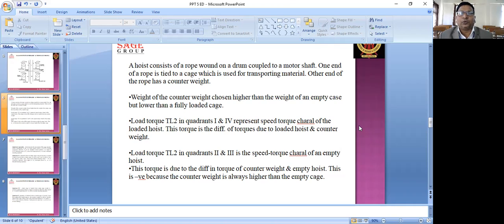This torque is due to the difference of the torque of the counterweight and the empty hoist. This is negative because the counterweight is always heavier than the empty case.